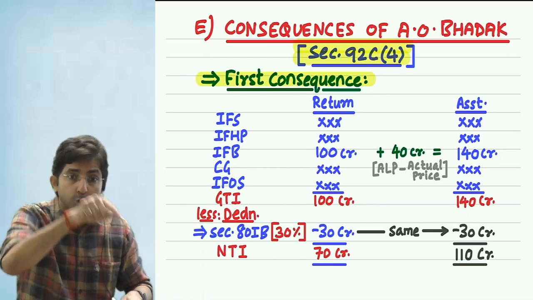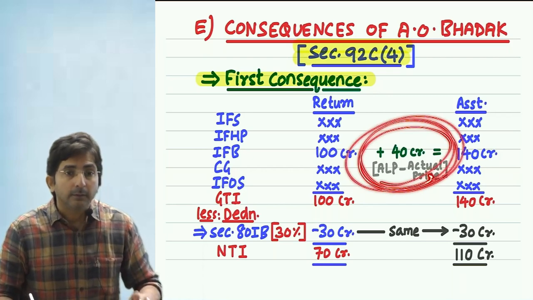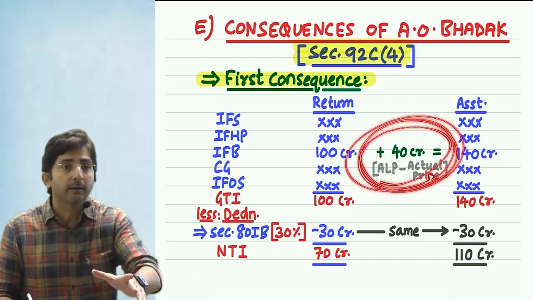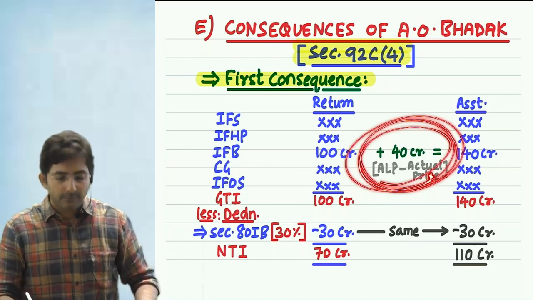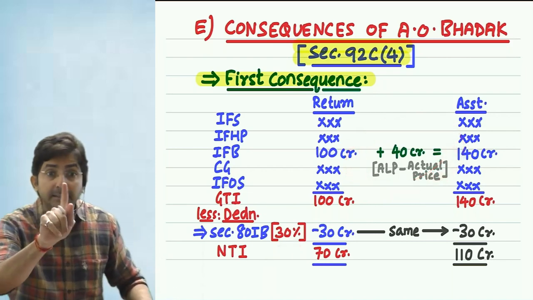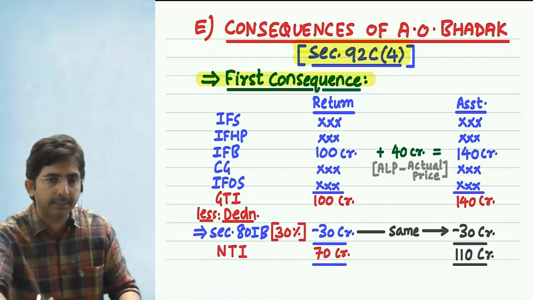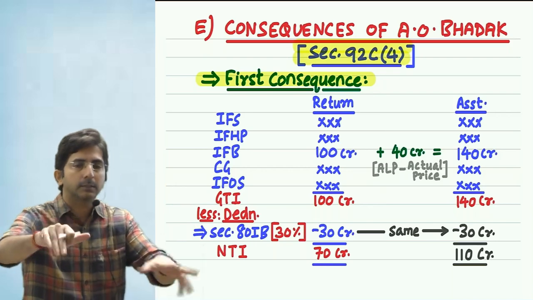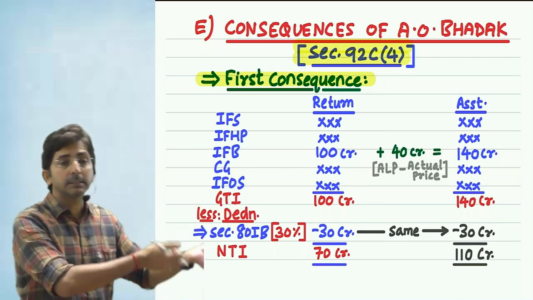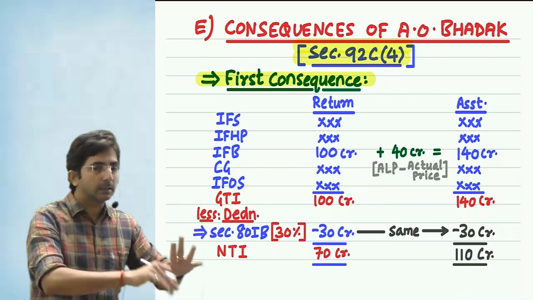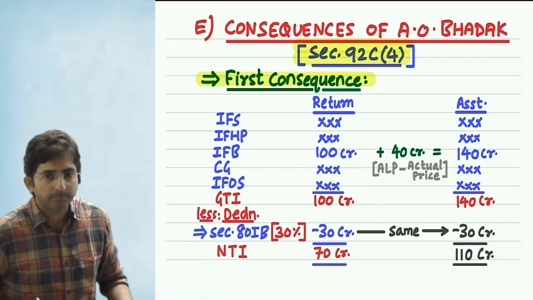But for him it's now a shock that 40 crores is taxed fully without that 30% cut. This 30% is not my example. Under 80IA, IB, IC, there is a rule that certain assessees get 100% deduction, certain assessees get 30%, certain assessees get 25%. So 30 was my example.